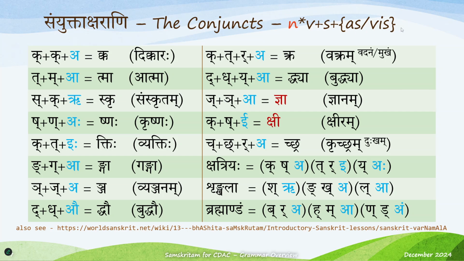So this is the mathematical conjunct formula. I don't know about 4 being present, that's why I am stopping at 3. V for Vyanjana, S for Swara, AS for Anuswara, and Vis for Visarga.